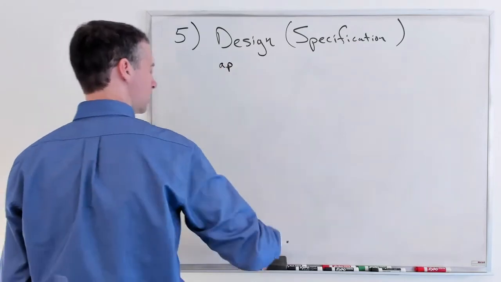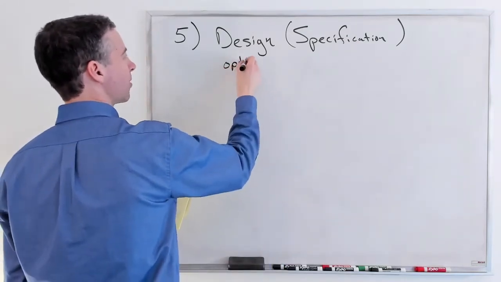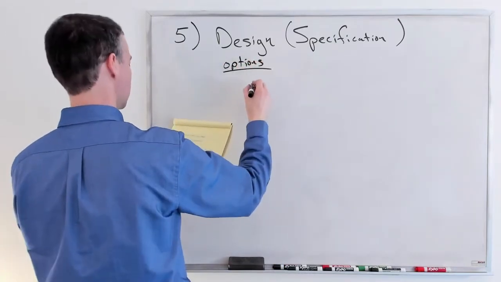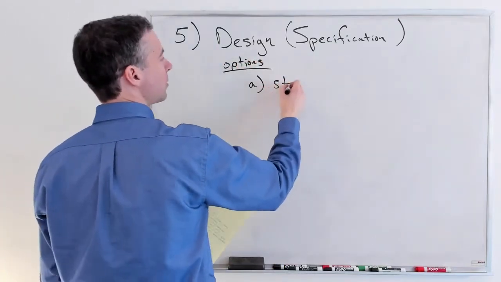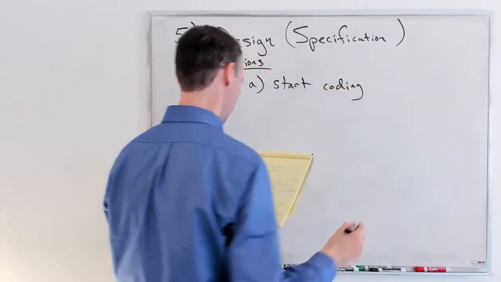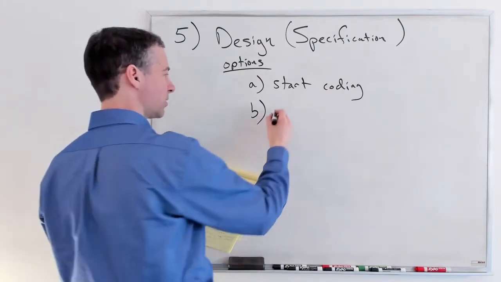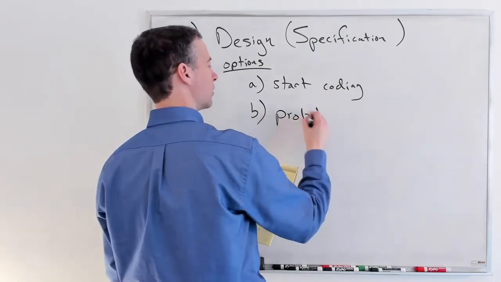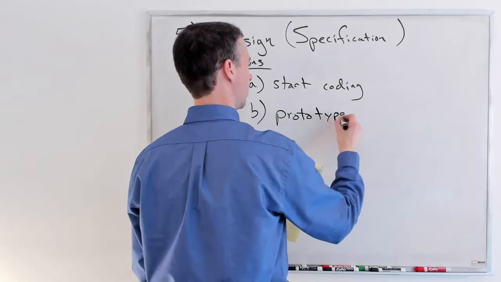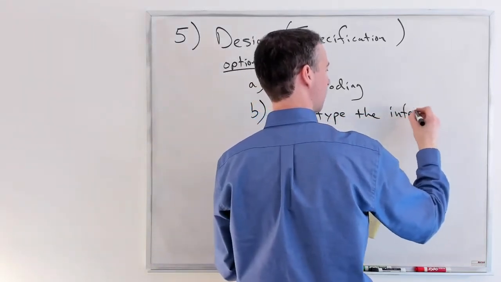Stillman and Green talk about there being various options to doing your design. And they present it as this. Some teams might just start coding. Basically, the design is on the fly. A better version of this is that they'll prototype the interface for the users.